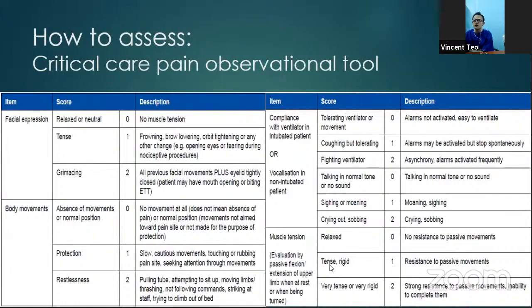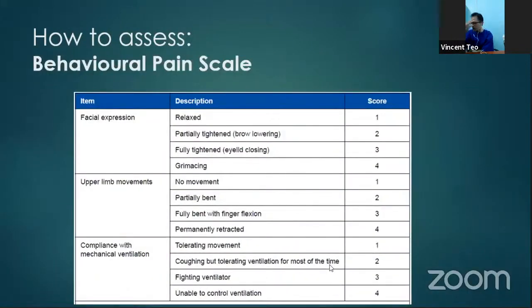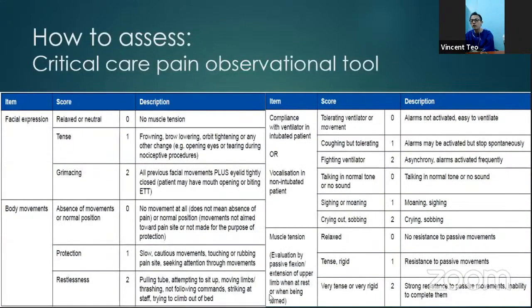In general, pain is perceived easily by looking at the patient, but that is quite subjective. So to make it objective, we look at the facial expression, the limb movement, how the patient is dealing with the ventilation, and of course the muscle tension as well, and the body movement.